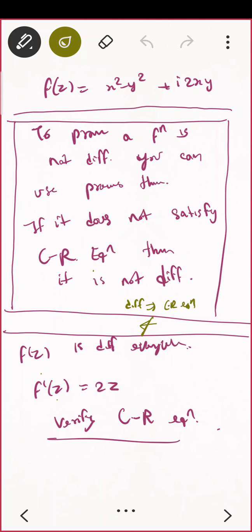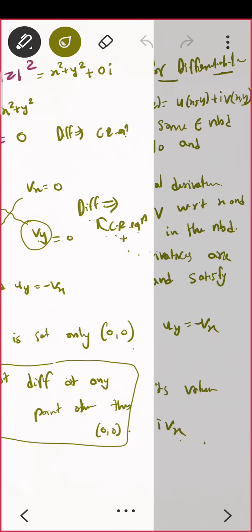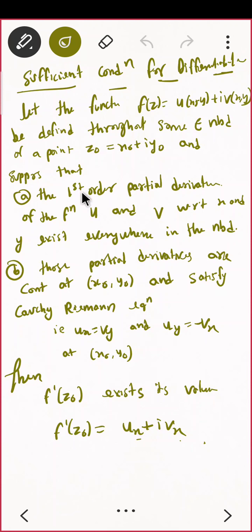And that is where the theorem comes. Your first order partial derivatives ux, uy, vx, vy must exist at that point. The first condition is they must exist, and the second condition is that these partial derivatives are continuous. They should exist, they should be continuous, and then they should satisfy the CR equation.